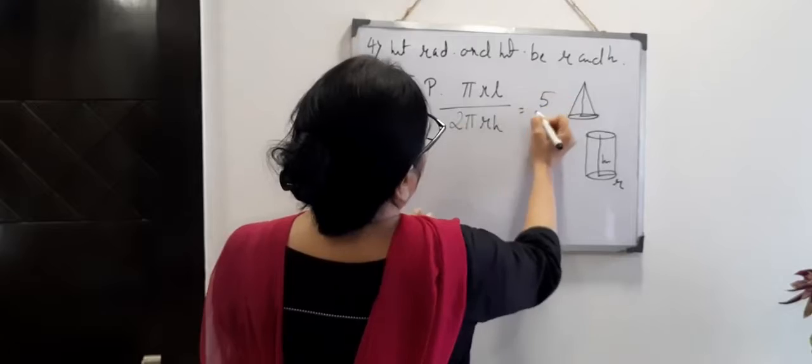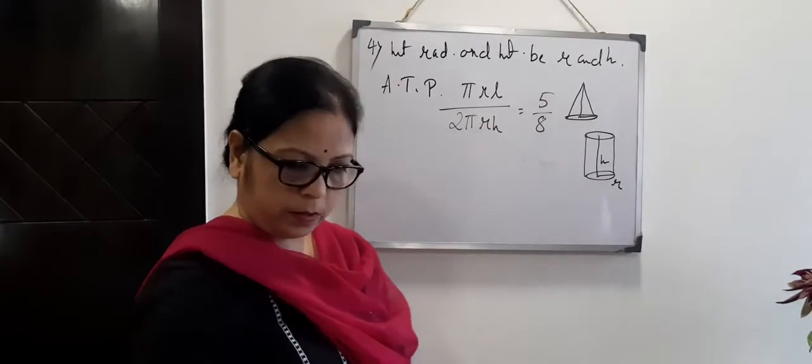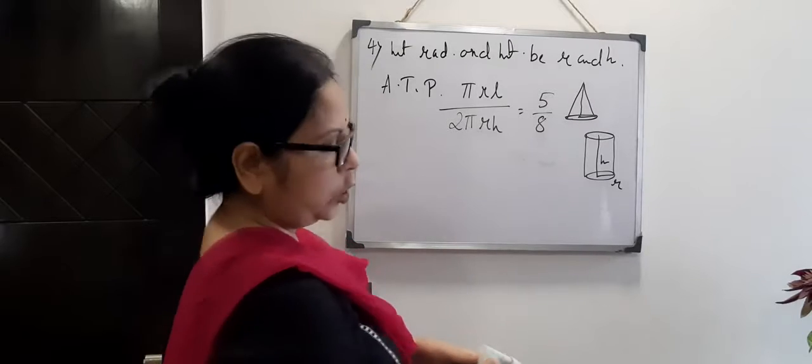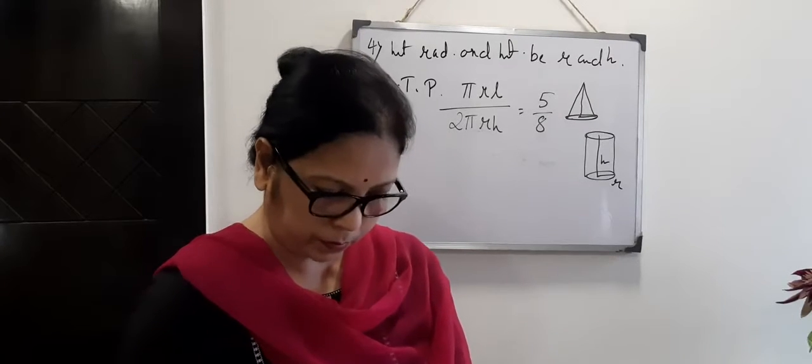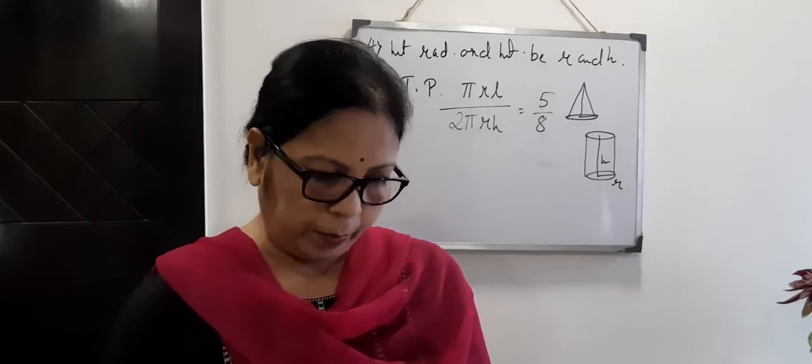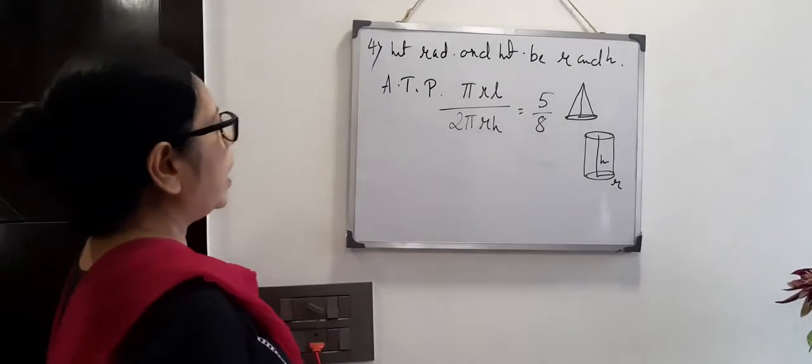And their ratio is given 5/8. Clear? You have to calculate the ratio of their base radii and heights, that is r is to h.